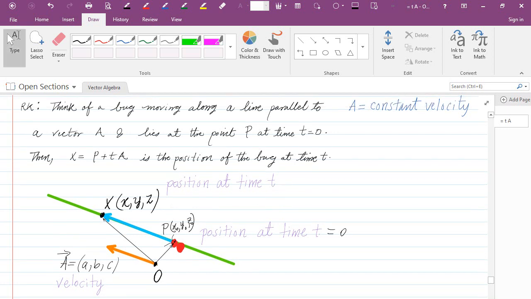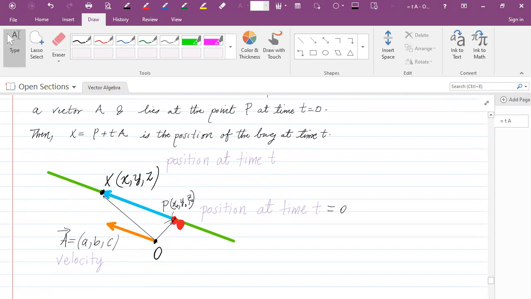Well, since the velocity is constant a, then after time t, the displacement vector of the bug would be t times a. So t times a would be the displacement of the bug after time t. And so if I add that to the initial position p, then I get the position x of the bug at time t.